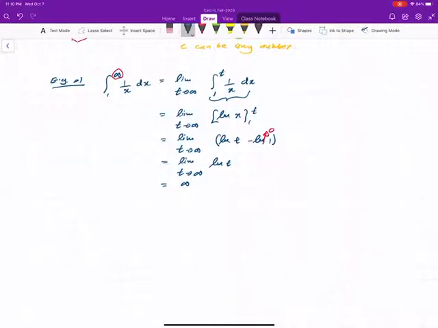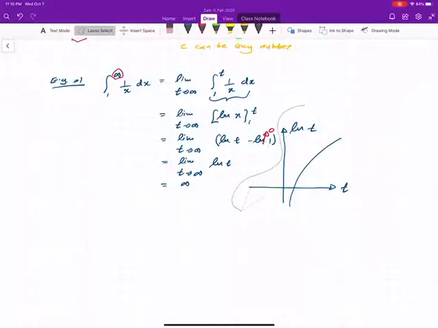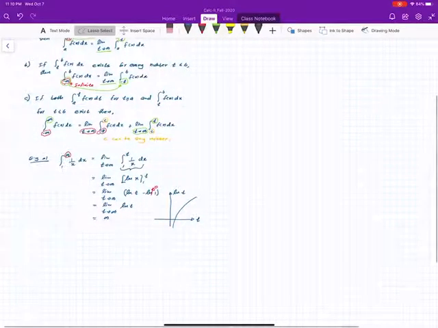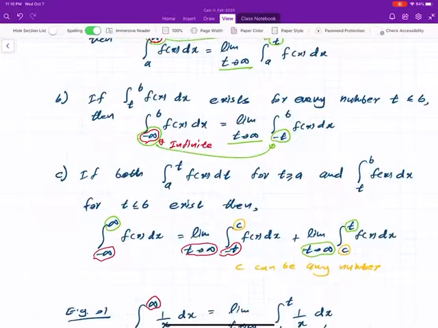This is the plot of ln, if you can't remember. This is ln t, this is t. All right, so that's example number 1.